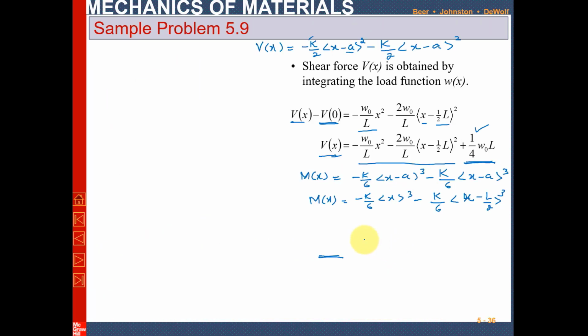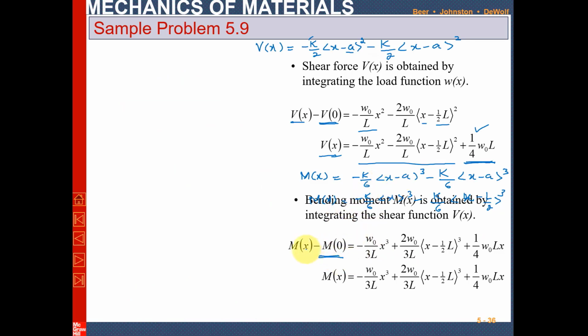So if you put all the values, mx will be equal to minus m naught. This is the moment due to the concentrated load, and that is equal to, if you put the k1 and k2 over here, this equation will be like this. Clear?